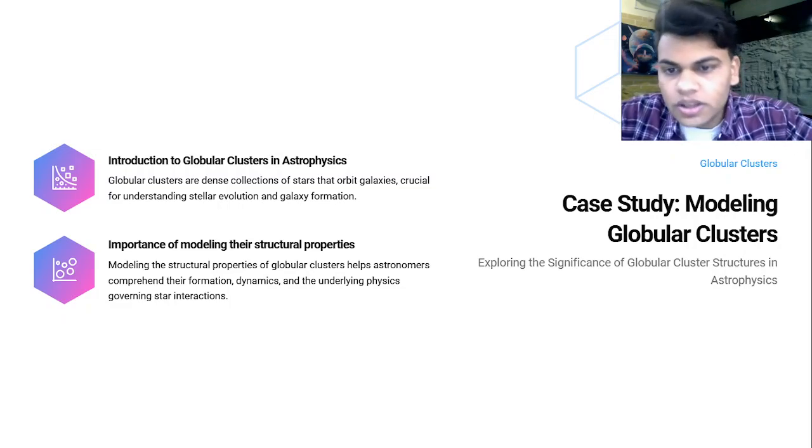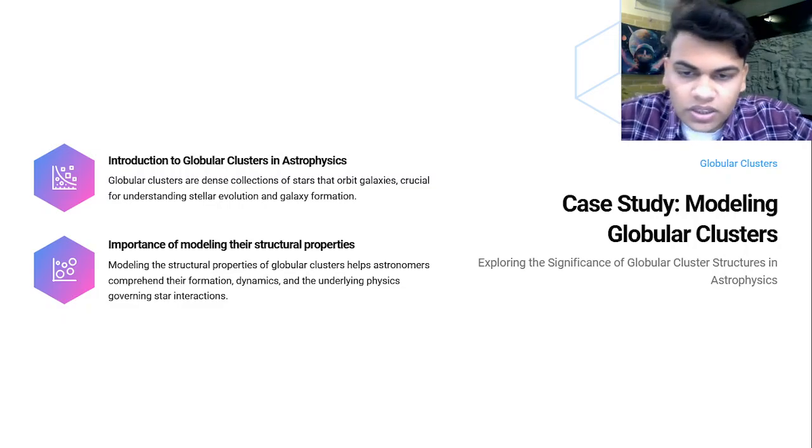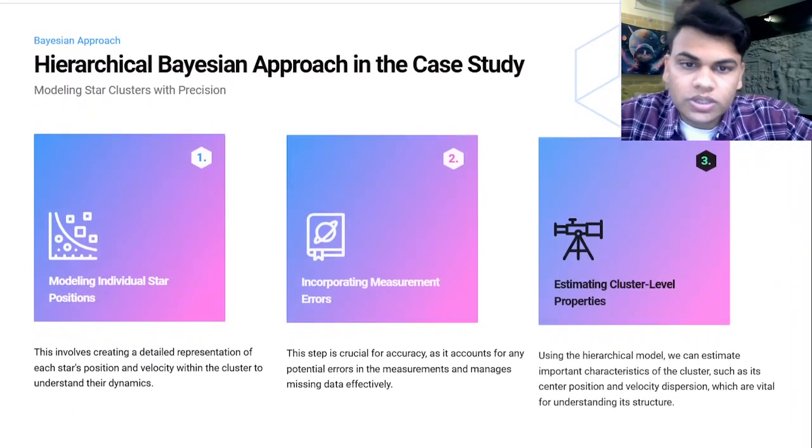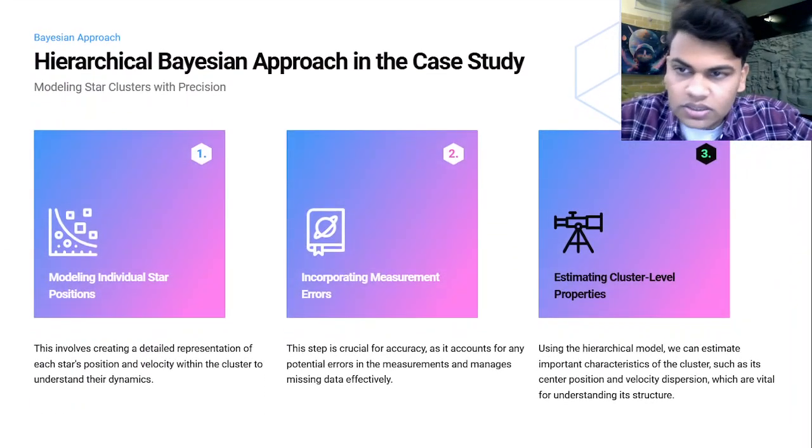So Monte Carlo and such algorithms based on Bayesian inference are excellent for test cases like this one, where we are identifying the globular clusters and counting the number of stars using this method.